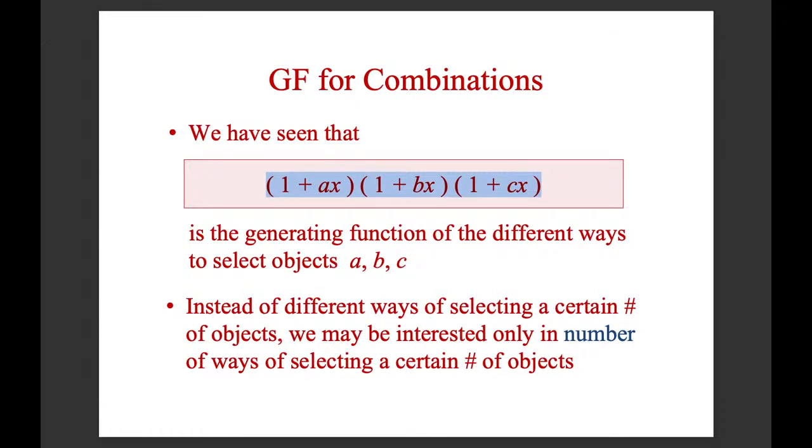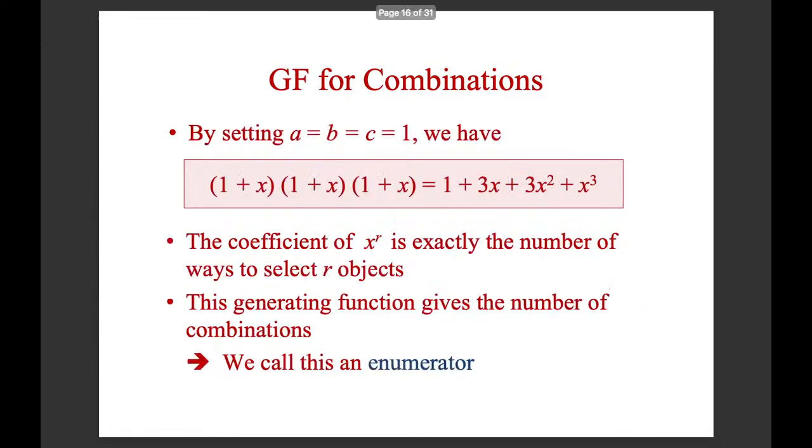But what if we are just interested in counting the number of ways of selecting objects? We don't care whether we are selecting A or B or C only. We just want to say there are 3 ways of selecting exactly one object. It will be very simple. If we are just interested in the number, then we can substitute A, B, C all by 1.